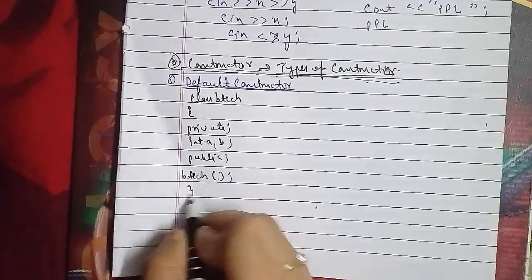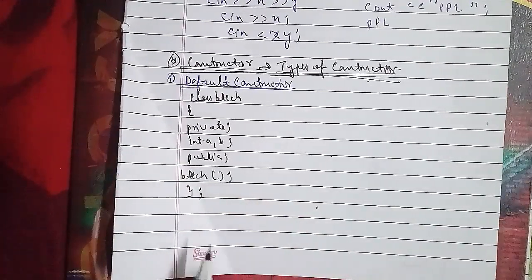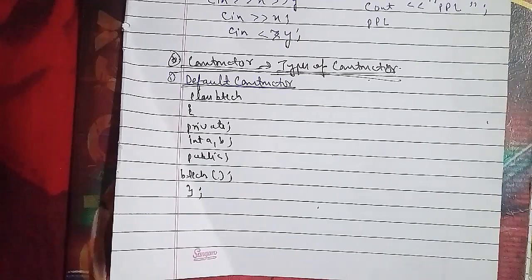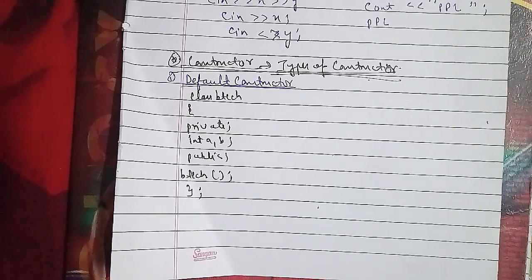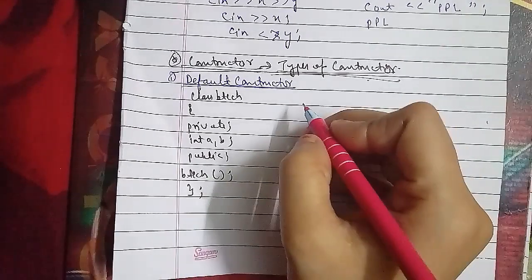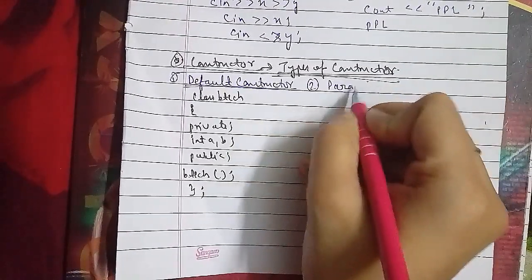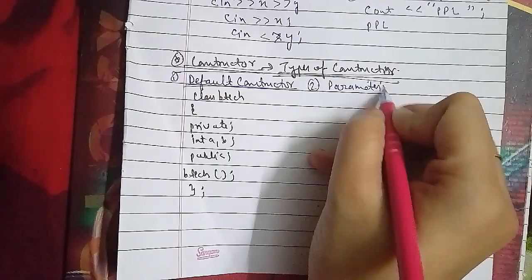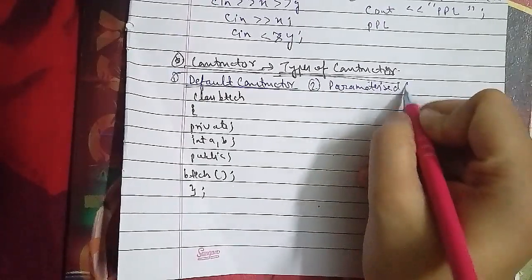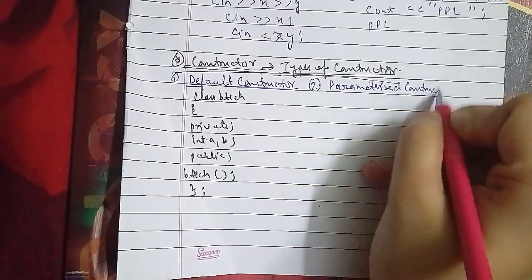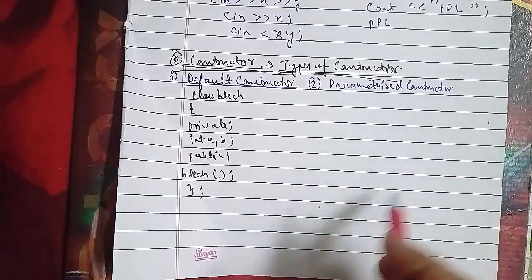This is the parameterized constructor. Then we have BTech int x comma int y, m equals x, n equals y.